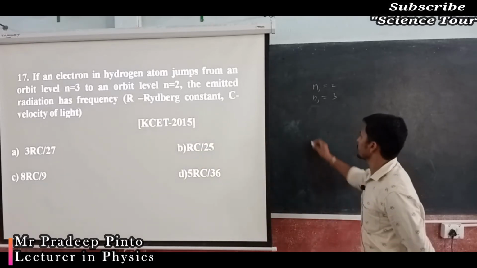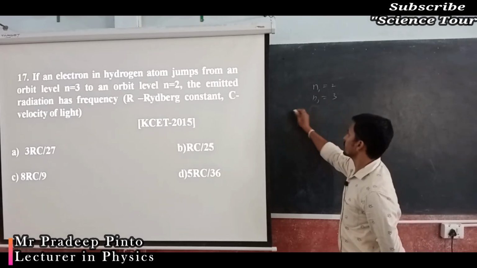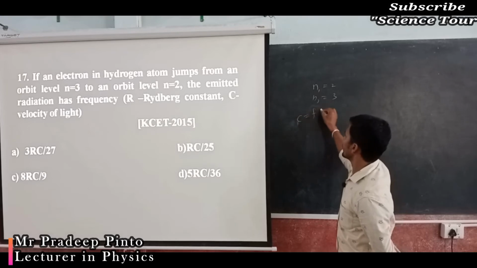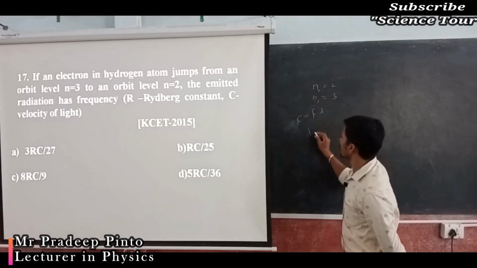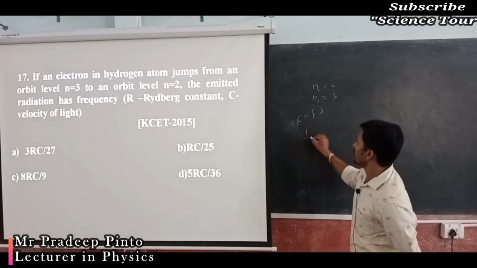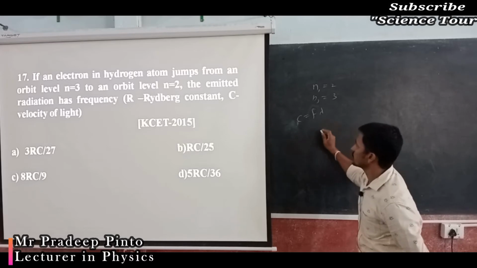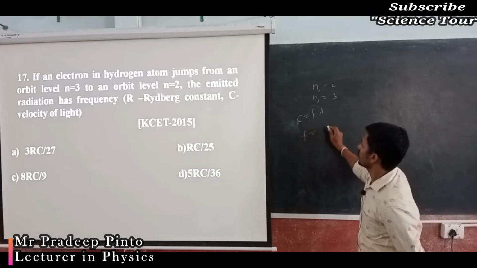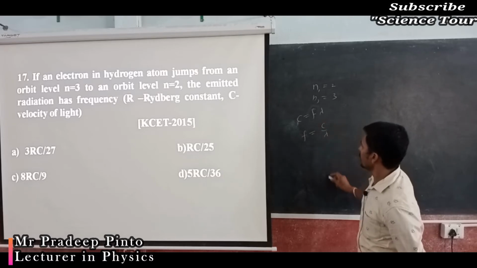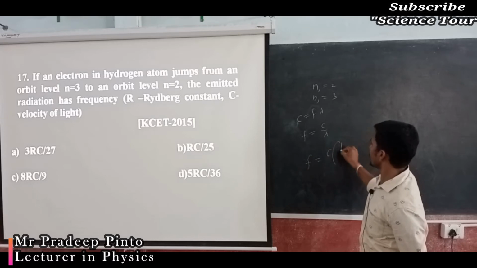We know that velocity c is equal to f lambda, so frequency is equal to c by lambda, which is c into 1 by lambda.